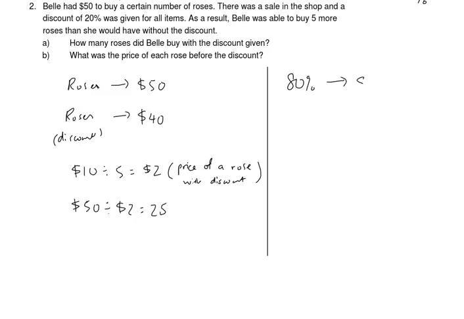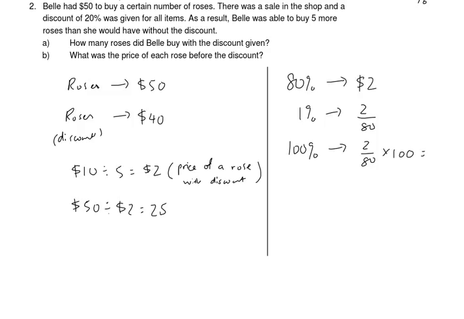So now I need to find 100%, which is actually 2 over 80 multiplied by 100. Which is how much? $2.50.